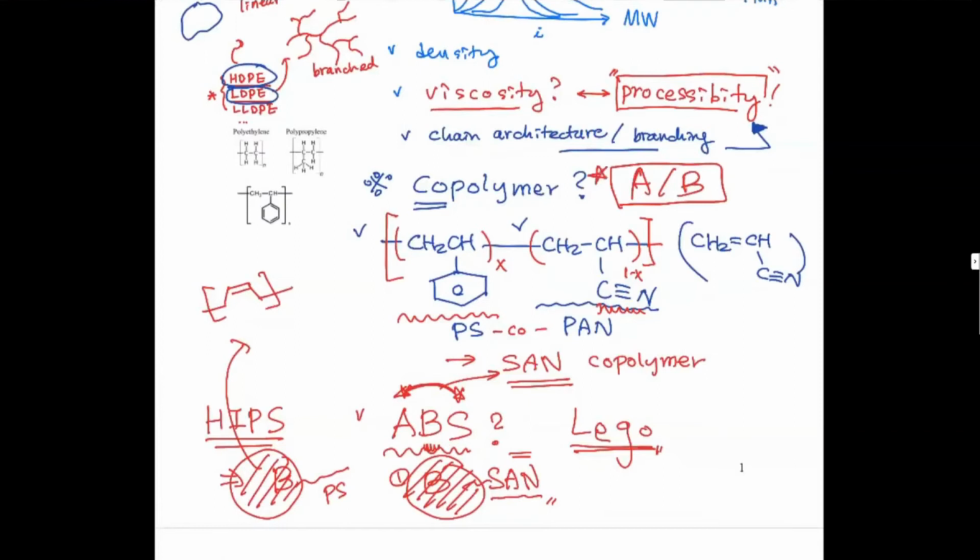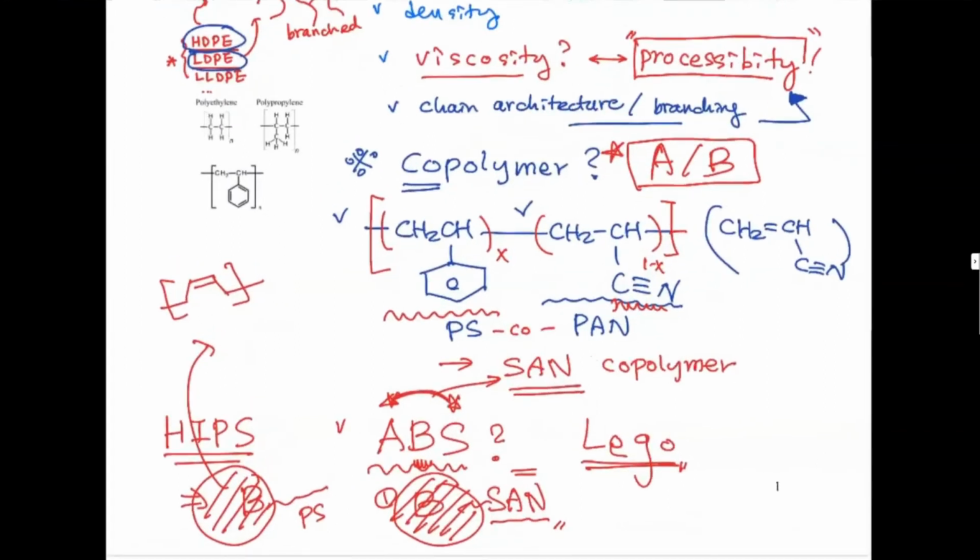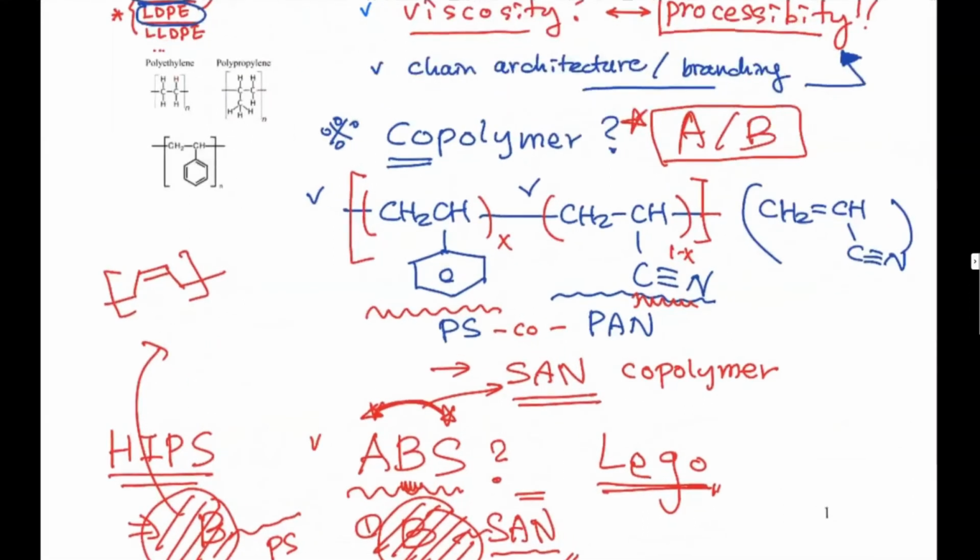If you combine those two, hopefully you can get a property in between. One way is to use a monomer stage, making a random copolymer. That's one strategy, and sometimes it works, sometimes it doesn't.